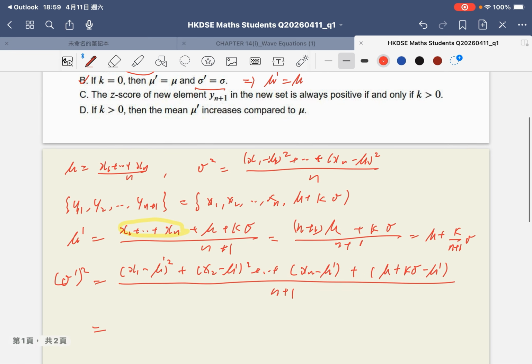Let's see whether it is actually equal to sigma square or not.